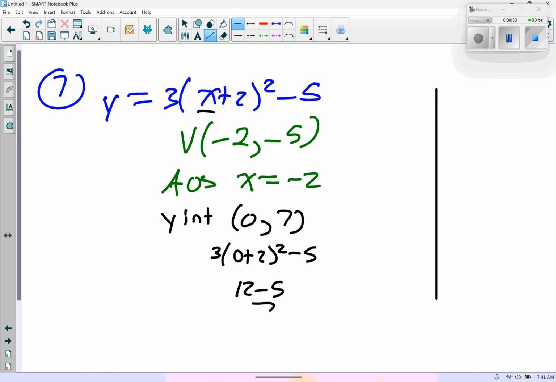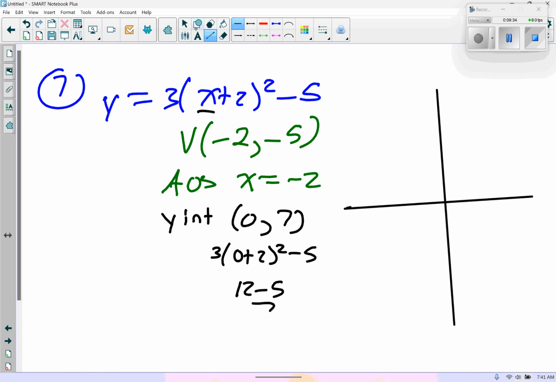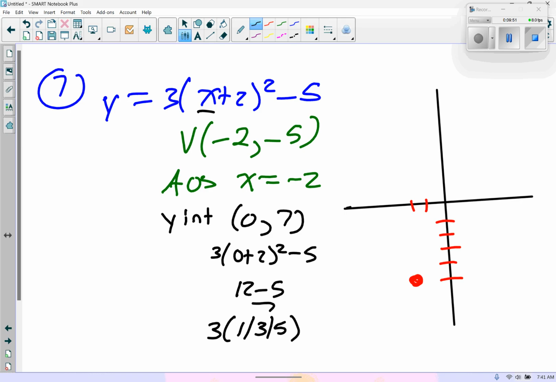Let's go ahead and graph it. So I'm going to get -2, -5, which is down here. I then am going to pattern graph, but I have a 3 out in front. So this is going to be 3, 9, 15.